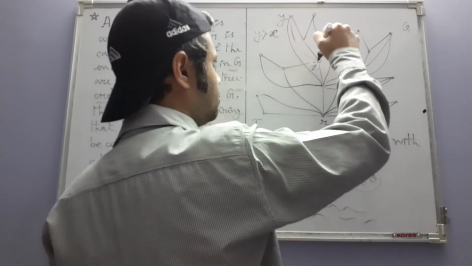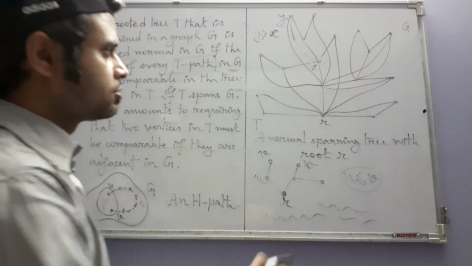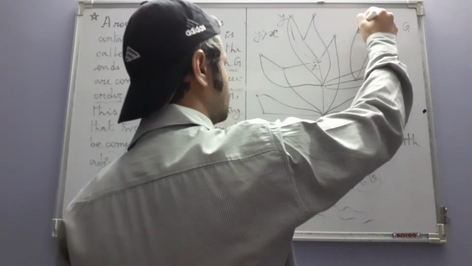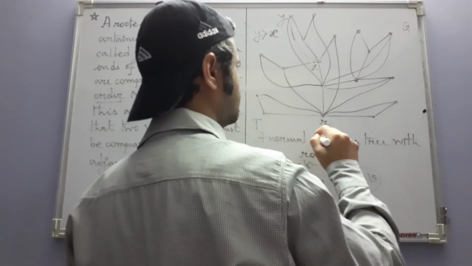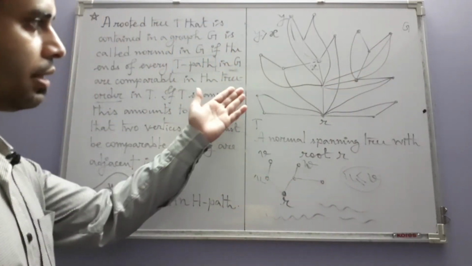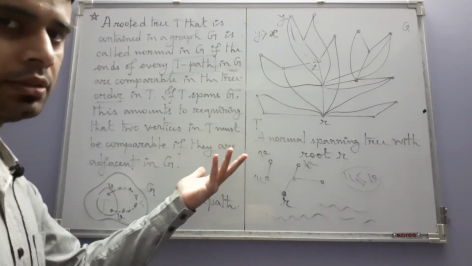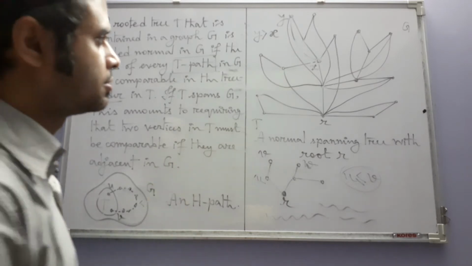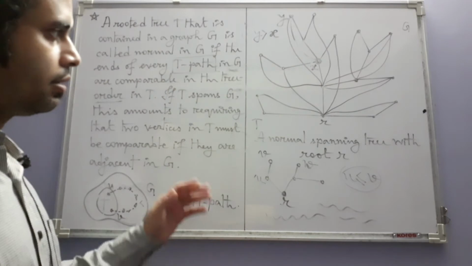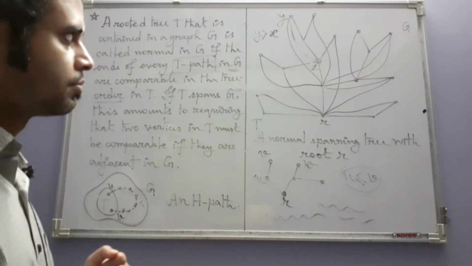So any T path we consider is going to be an edge that is not in T. So we can see many T paths here, say joining this one and this one. In fact all the edges you see here that are not parts of T, all of them form a T path along with their ends. And you can see that any two such ends are actually comparable.